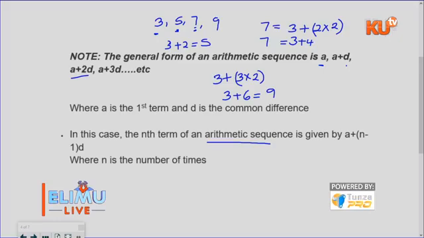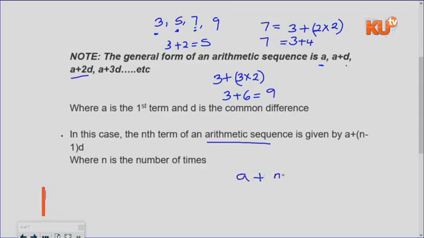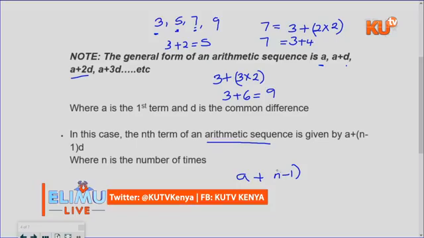As you can see, it is A plus (n minus 1), multiplied by D. And in this case, remember, A is our first term.